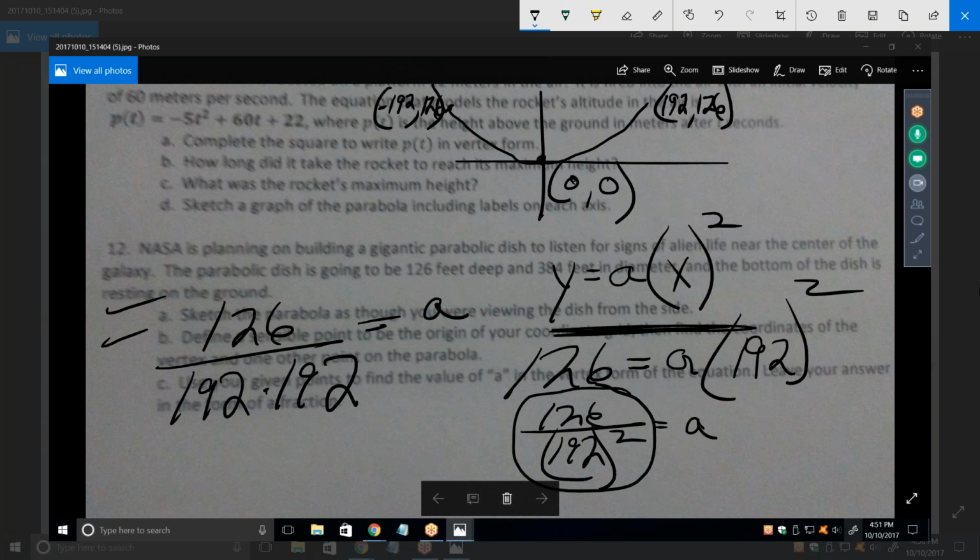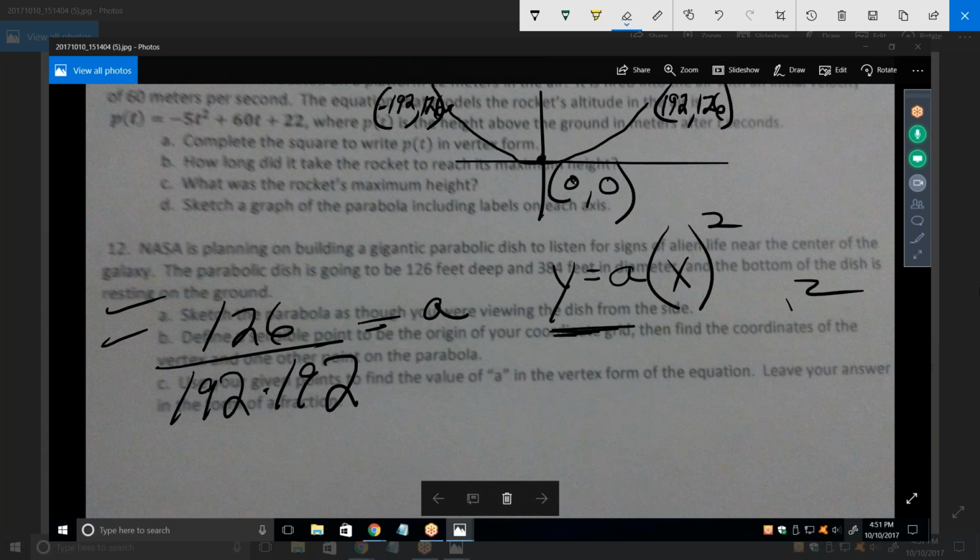In other words, we want to simplify this. We only have 5 minutes here. So let's spend it on this algebra. And that's all this is, just algebra.